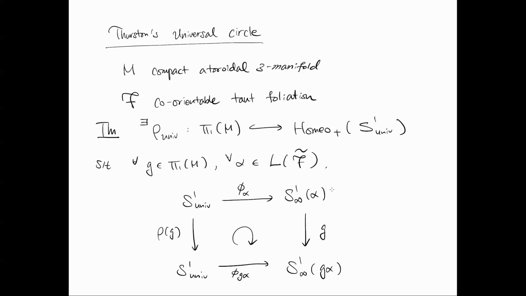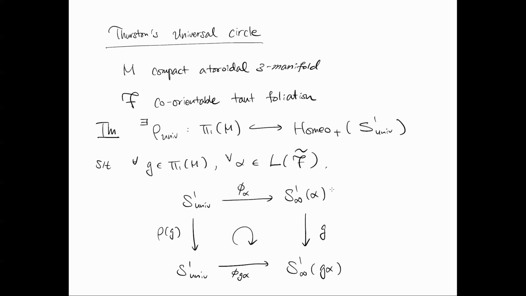It's a continuous surjective map such that for every point in the range, the preimage is connected. So it's just a map such that some closed intervals are collapsed to a point. You do have such a map for every leaf in the lifted foliation.